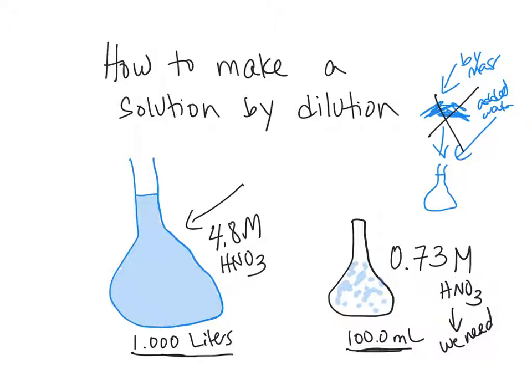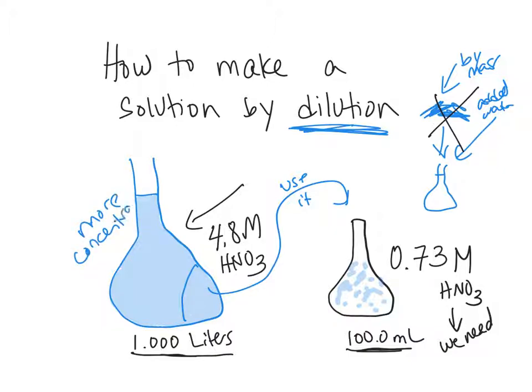What we're going to do is take some of this out and use it to create this weaker solution over here. This method is called making a solution by dilution, because you're taking something that is more concentrated and you are diluting it to make something that is less concentrated.